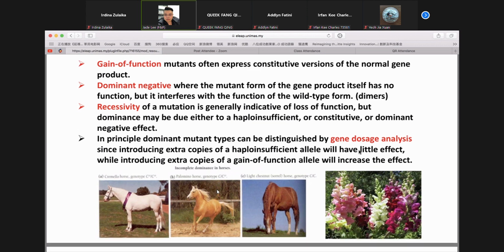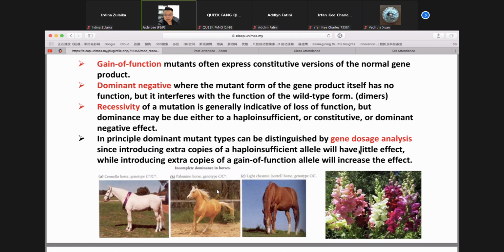So in principle, the dominant mutant types can be distinguished by gene dosage analysis, since introducing an extra copy of the haploinsufficient allele will have little effect, while introducing an extra copy of the gain of function allele will increase the effect. I hope you understand me based on the gene dosage. Always remember, if you introduce an extra copy of the haploinsufficient allele, it has very little effect.